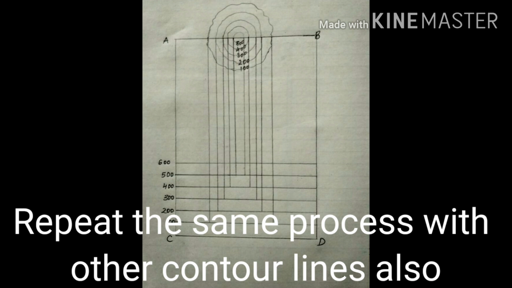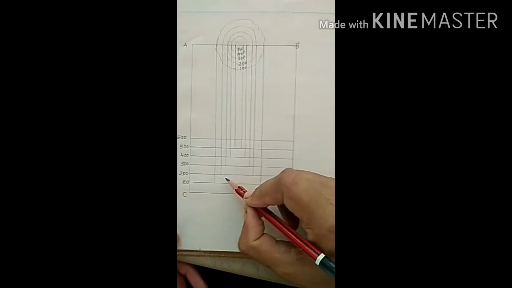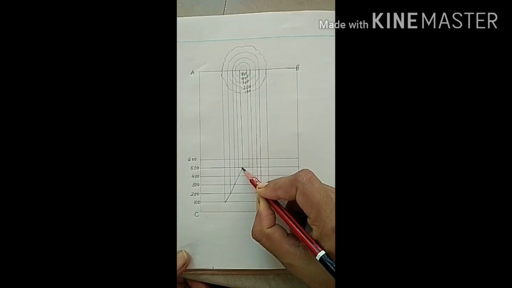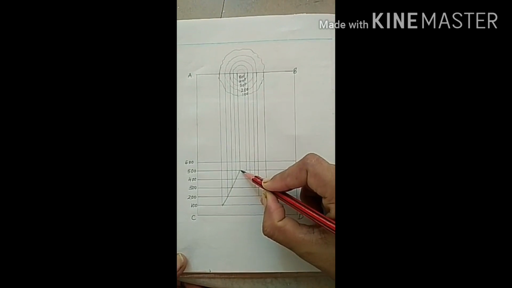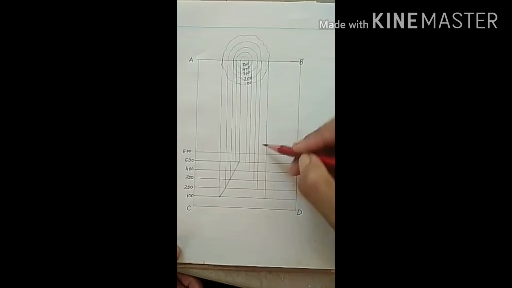Repeat the same process related to the contour lines 200, 300, 400 and 500 also. Now you have to join these points with freehand drawing. After 500 meter, there is no other point given in the diagram.